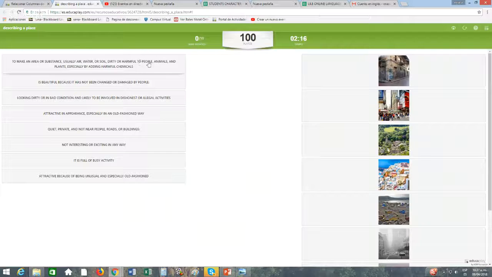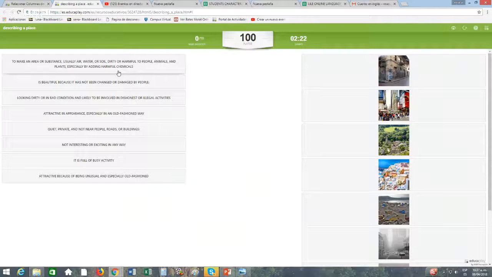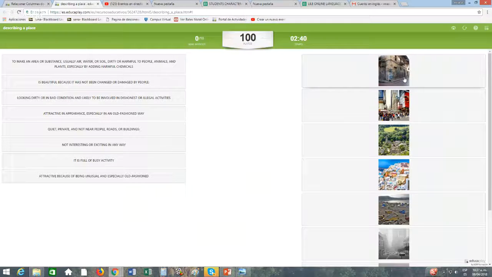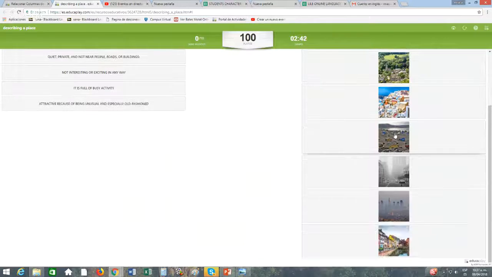Exactly. Or harmful to people, animals, and plants, especially by harmful chemicals. What is harmful? We already mentioned it is dangerous for people because they have chemical reactions, no? Dangerous chemicals. Which picture do you think is the correct one?